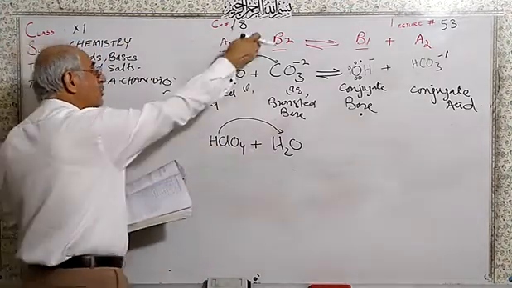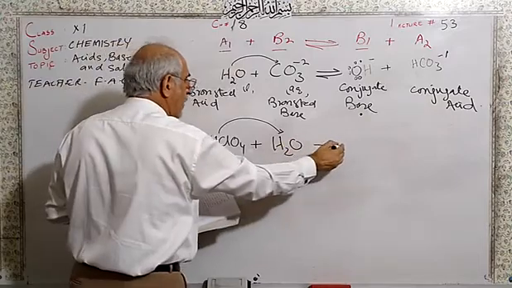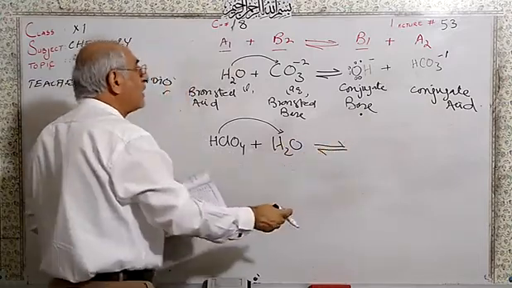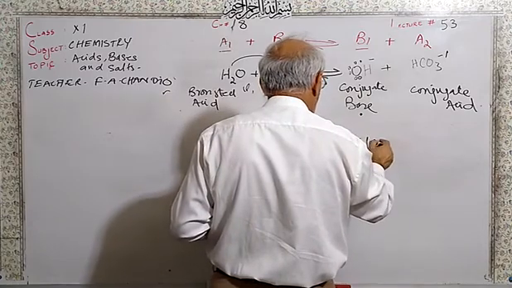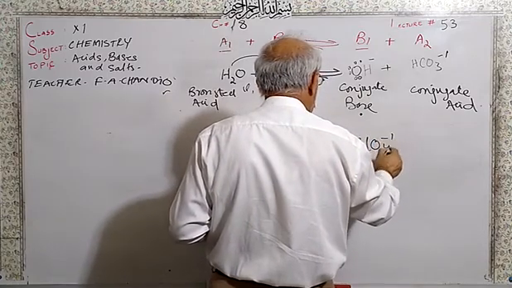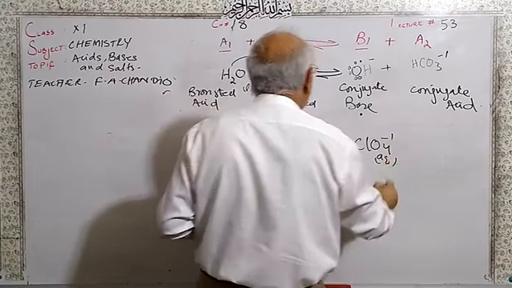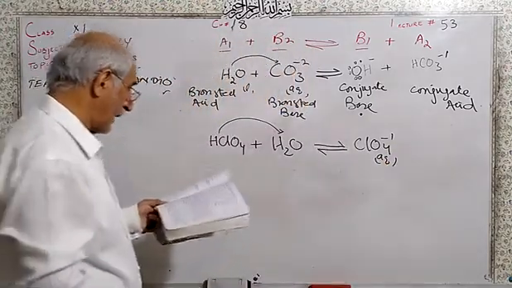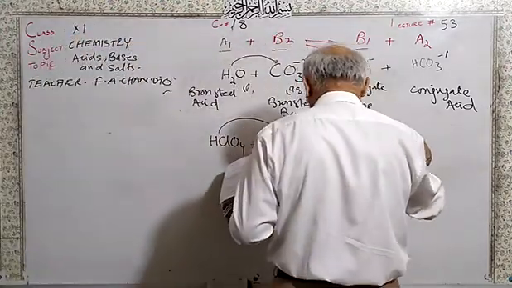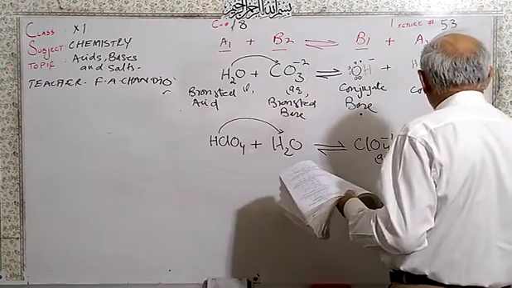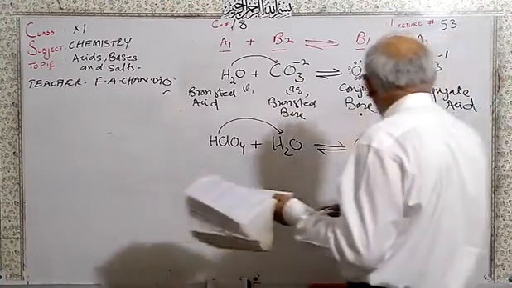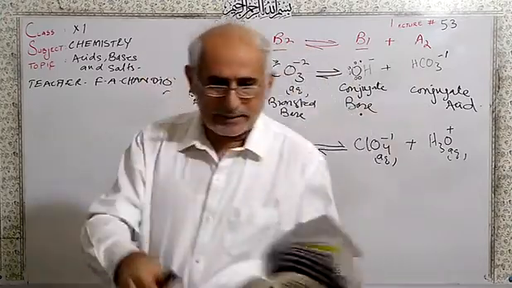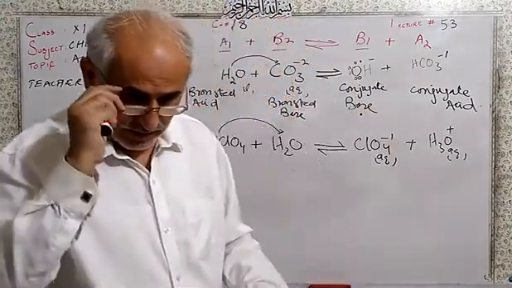Bronsted acid, Bronsted base, to give conjugate base, perchlorate. Perchlorate is a conjugate base, and hydronium ion is a conjugate acid.